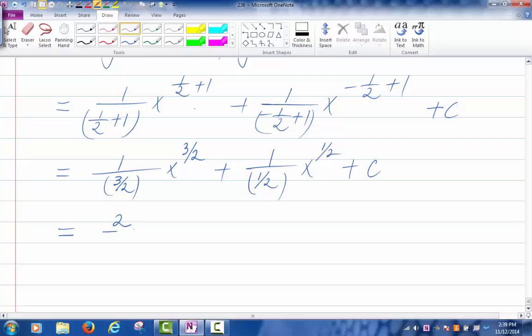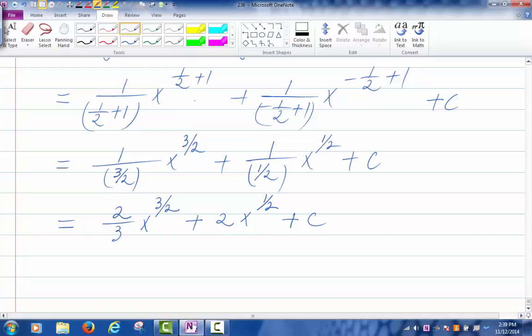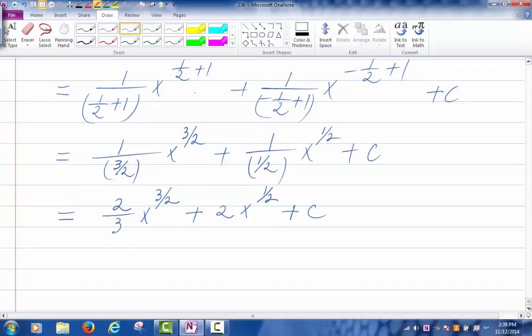And then I get 2/3 x to the 3 half plus 2x to the half plus c. Is everybody okay with that? Seems easy? It may seem easy, but I have seen many people miss this same problem on exams. So you have to practice making sure that you know exactly what to do.